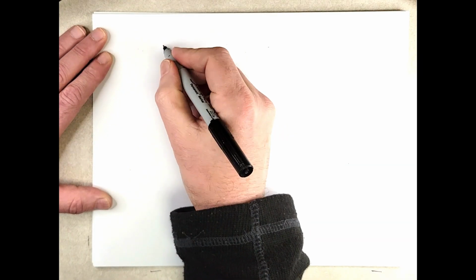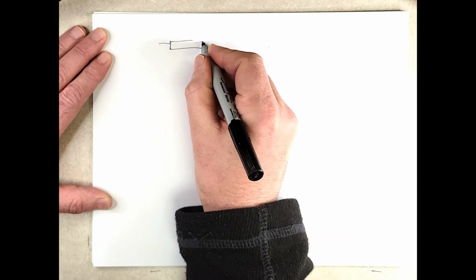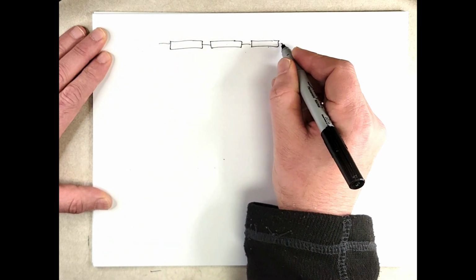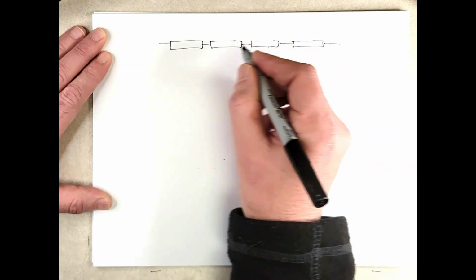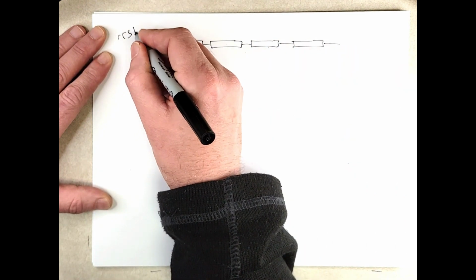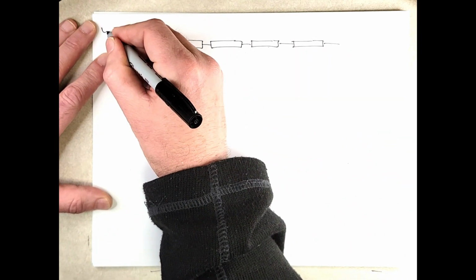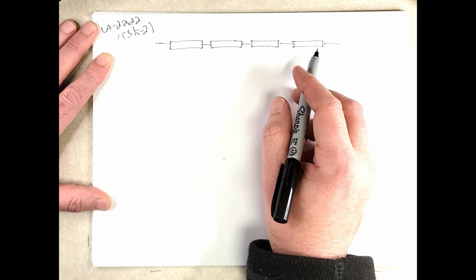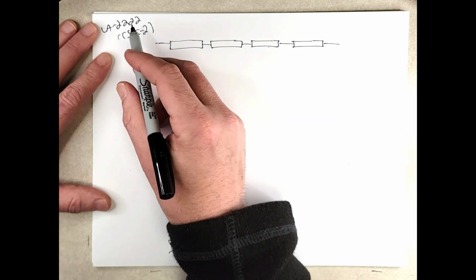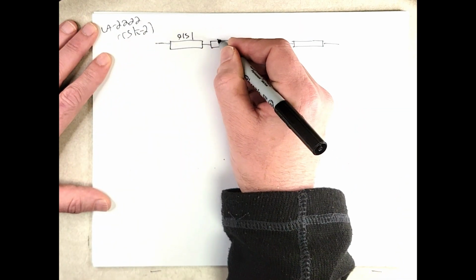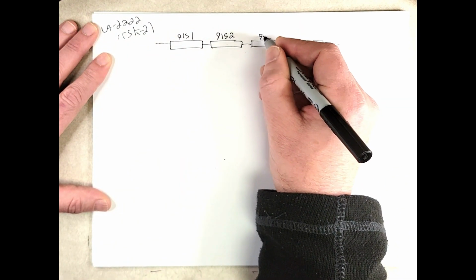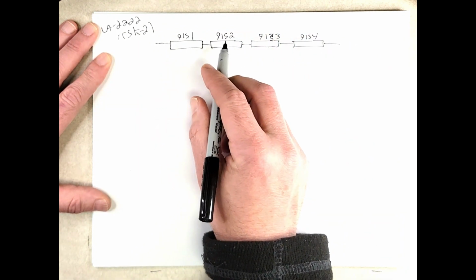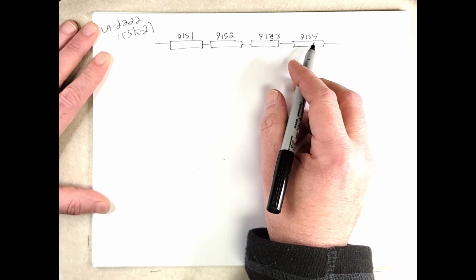Okay, so in the last segment, I had described how Hammond et al. had used 3-point crossing to refine the location of RSK2 in strain LA2222 to an interval of chromosome 3 in the strain that contains 4 predicted genes, and I'm abbreviating the database numbers to 9151, 9152, 9153, 9154.